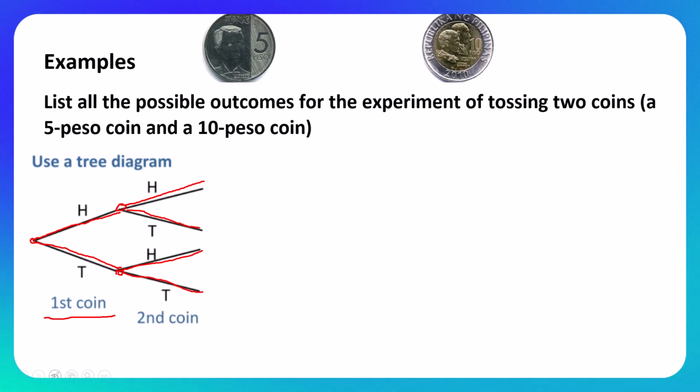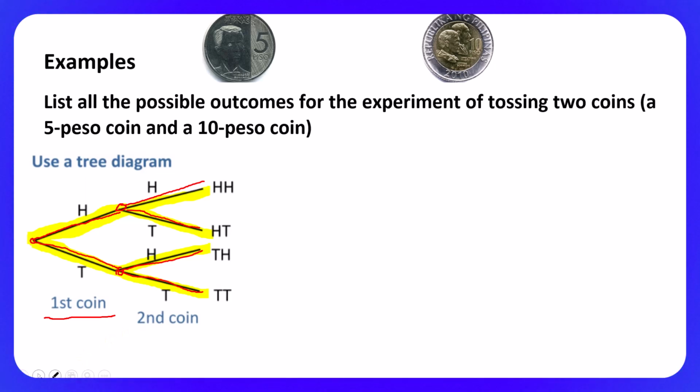Now I'm going to follow that branch and list my possible outcomes. So it can be heads and heads, heads and tails, tails and heads, or tails and tails. So now with my tree diagram, these are my possible outcomes.